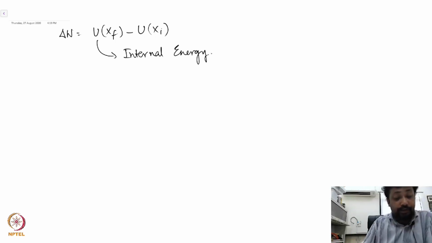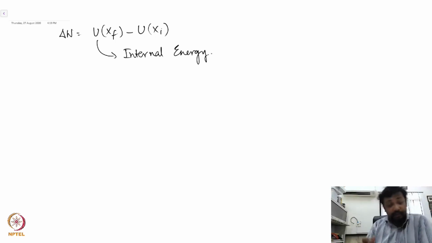So delta W is U of x_f minus U of x_i, where U is what we call the internal energy. So the work done depends only on the change in the internal energy of the system.